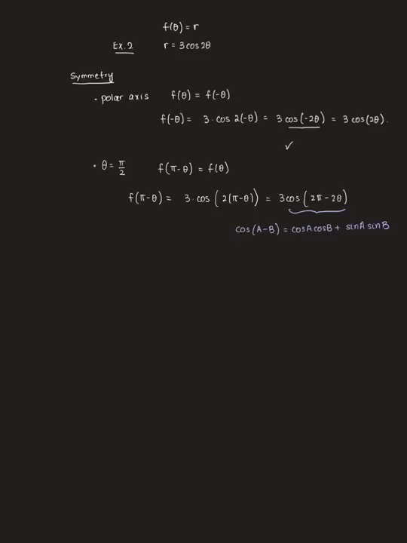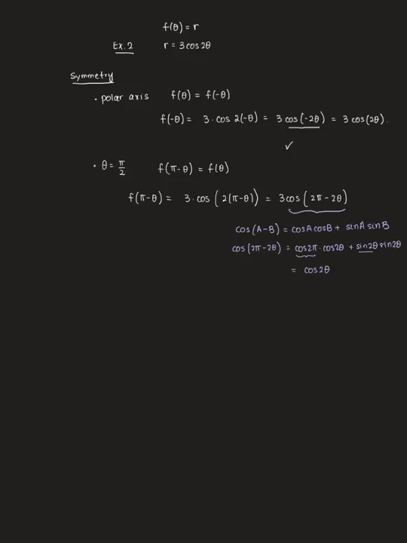So if I apply that here, cosine of 2 pi minus 2 theta will be cosine of 2 pi times cosine 2 theta plus sine 2 pi sine 2 theta. Cosine of 2 pi is 1, so this is cosine 2 theta.